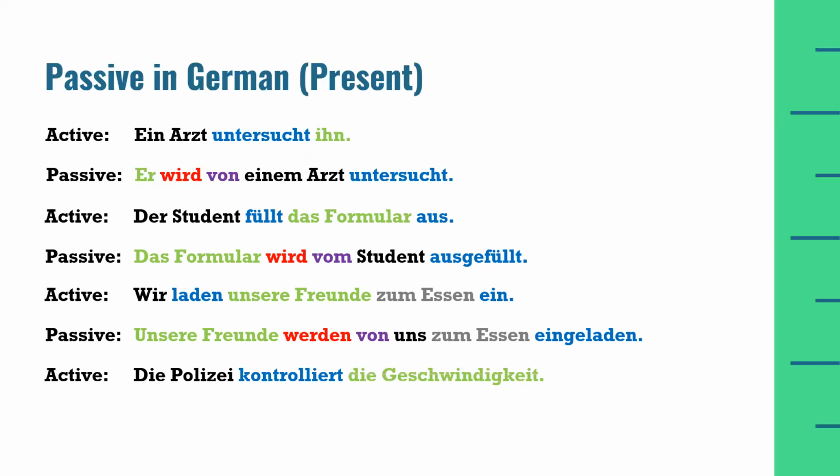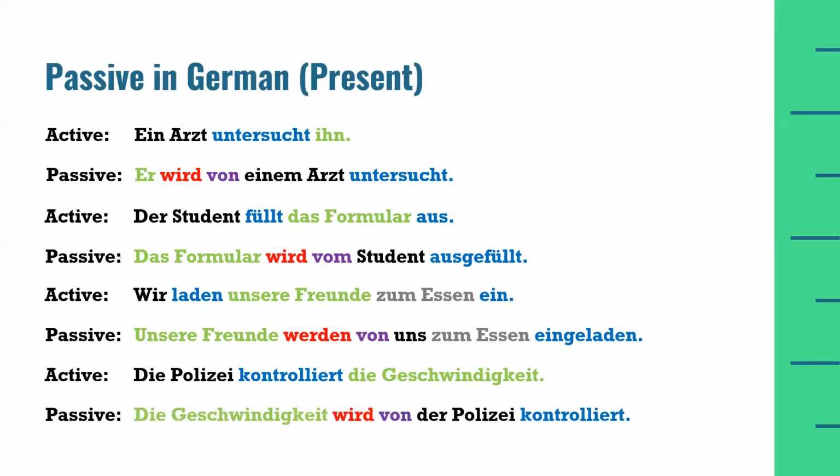Next example, die Polizei kontrolliert die Geschwindigkeit. The police check the speed. Now, if we identify the subject of the sentence, it is die Polizei, and the object of the sentence is die Geschwindigkeit, which means speed. In order to convert it into passive, we take the object of the active sentence and use it as the subject of the passive sentence.